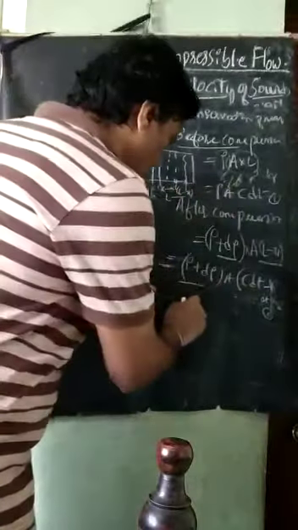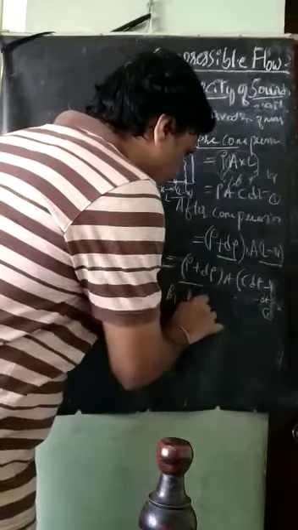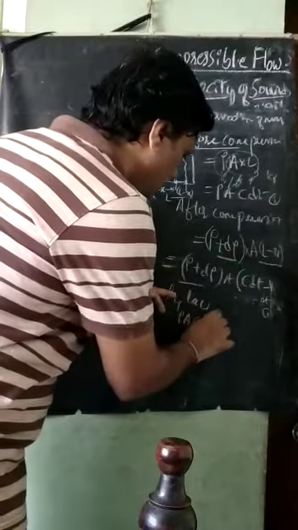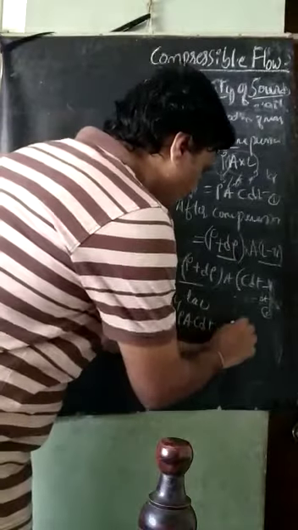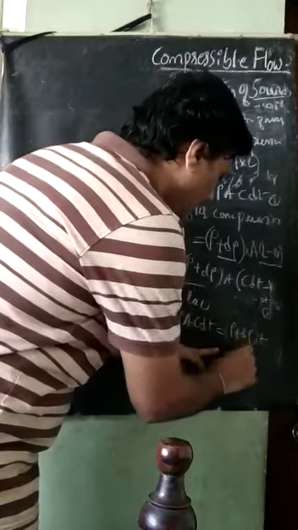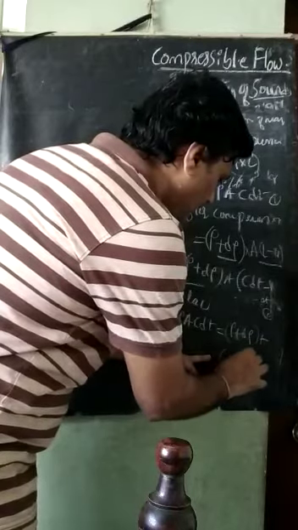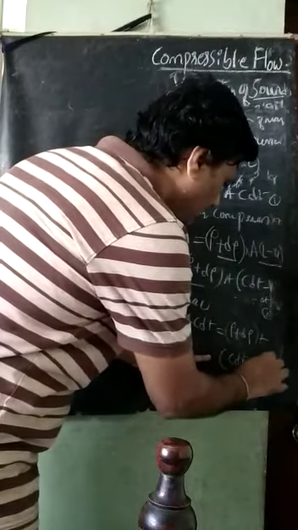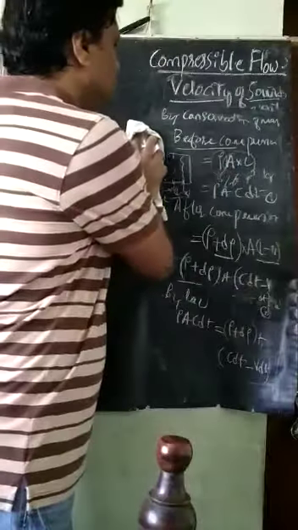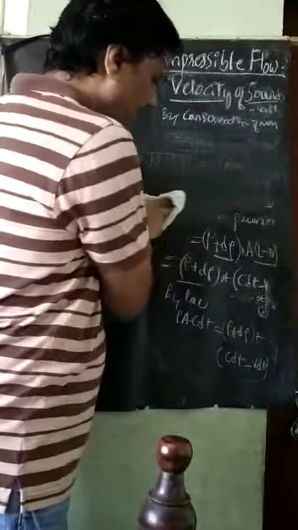So by this law, equation 1 is rho a c dt is equal to rho plus d rho into area, in the bracket c dt minus v dt. This is the equation we are getting, by the conservation of mass.